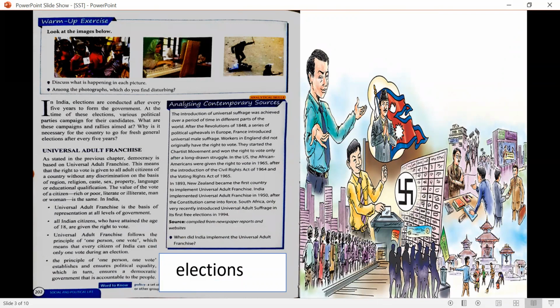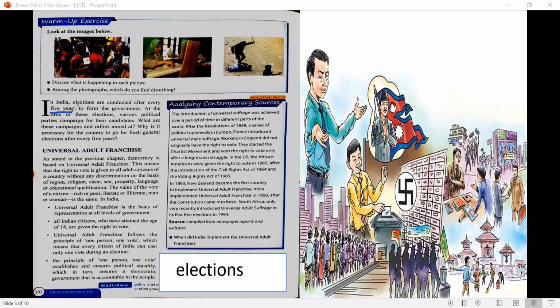Starting the reading with the first page, the left page. In India, elections are conducted after every 5 years. Every small kid actually knows this, that every 5 years we get the elections.